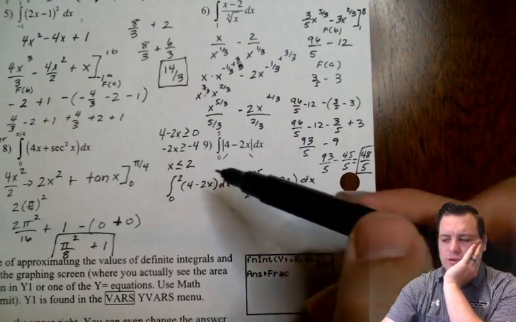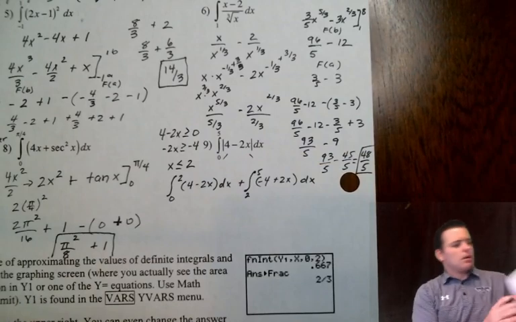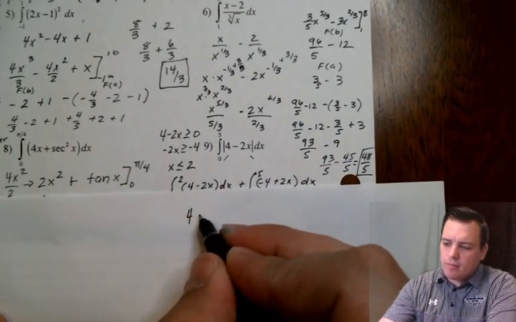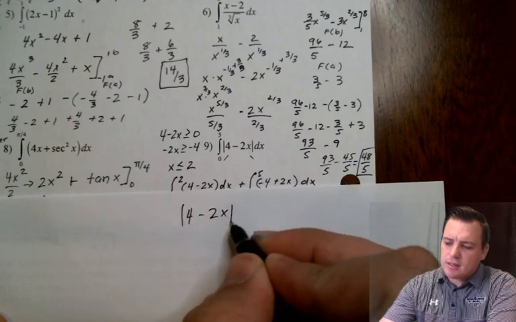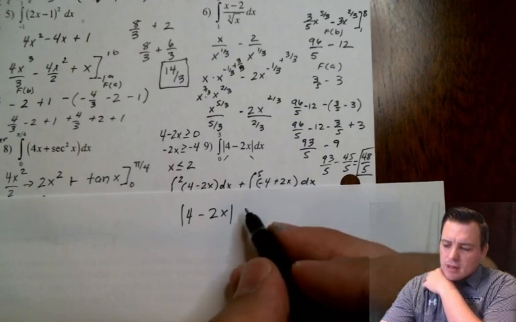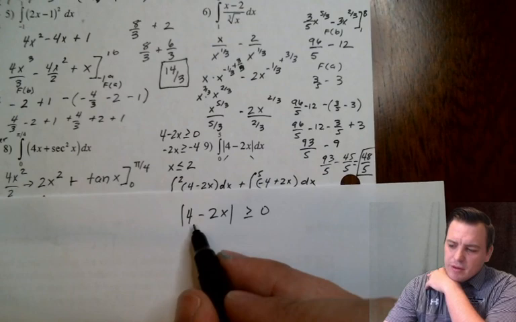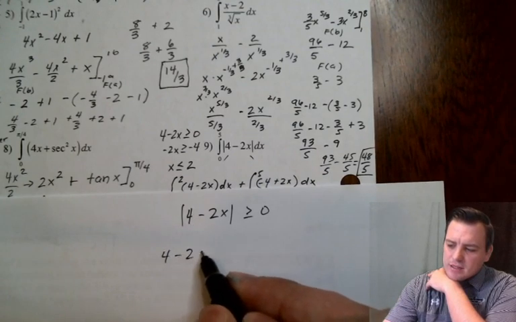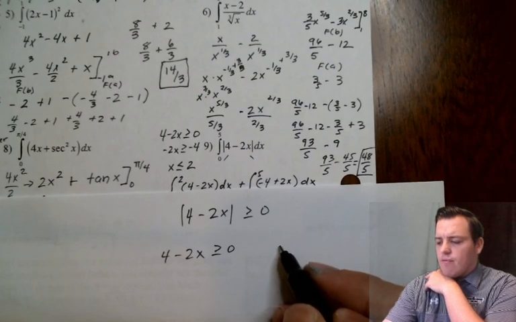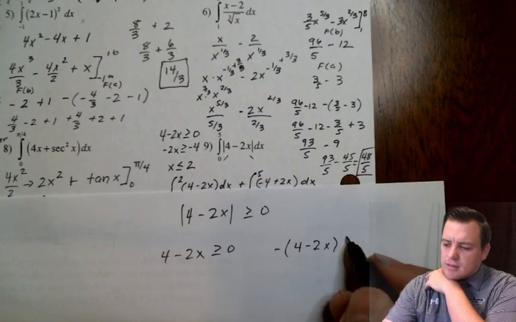Now, if you're confused on why we have to split it up, keep in mind, if you had 4 minus 2x is greater than or equal to 0, we would have to split it up into 4 minus 2x is greater than or equal to 0, and then negative quantity of 4 minus 2x is greater than or equal to 0.